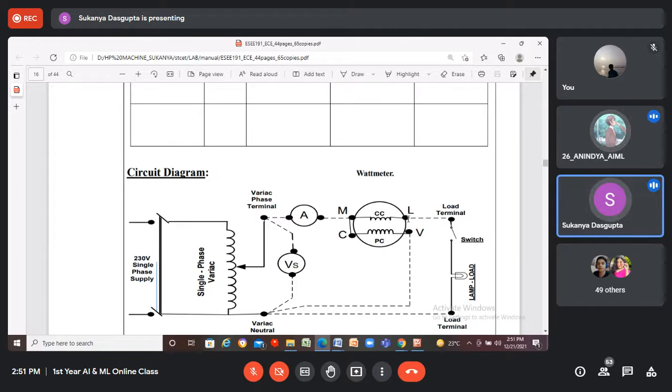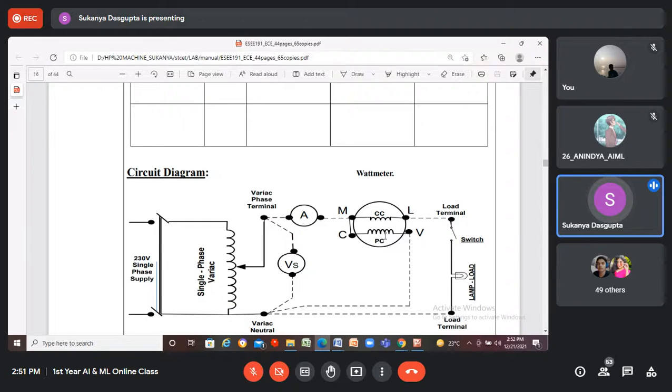Wattmeter contains two number of coils, as you can see from the diagram. One is called CC, the current coil, which is connected in between the two terminals M and L. That means this current coil is actually in series with the mains or line. And second coil, which is having more number of turns compared to the current coil, denoted as PC, means pressure coil, will be connected in parallel with the mains of the supply line, right?